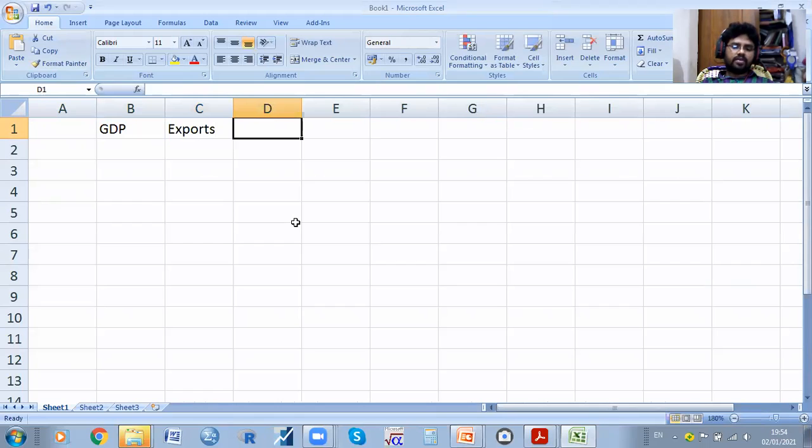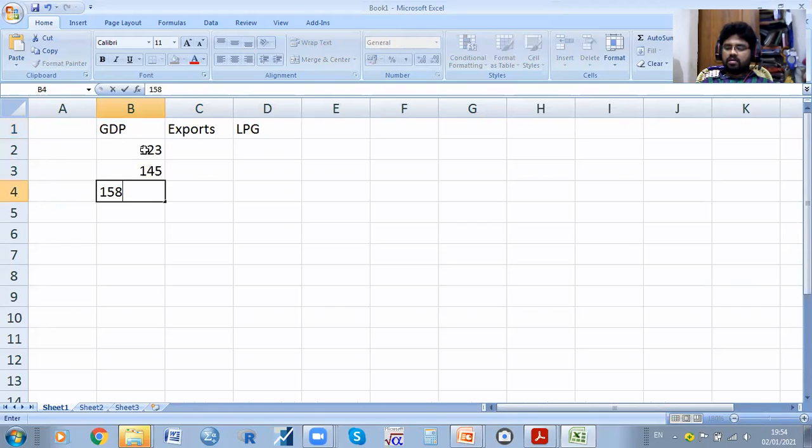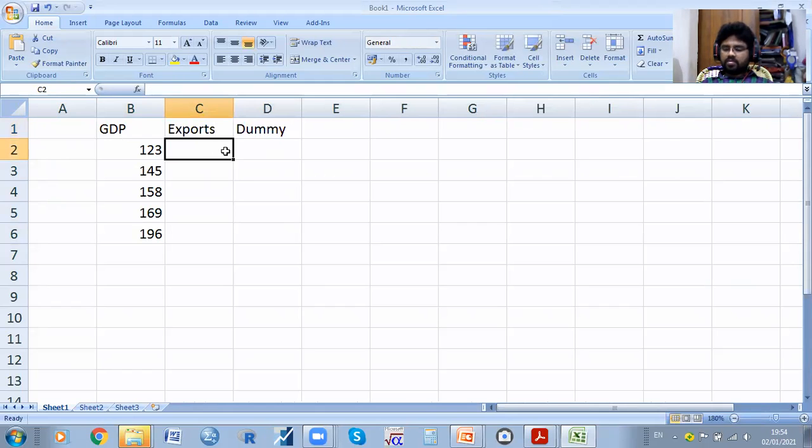Here you need to know about LPG. For example, this is GDP data, something I am writing. If you take this dummy variable, then exports values, and this is the dummy.